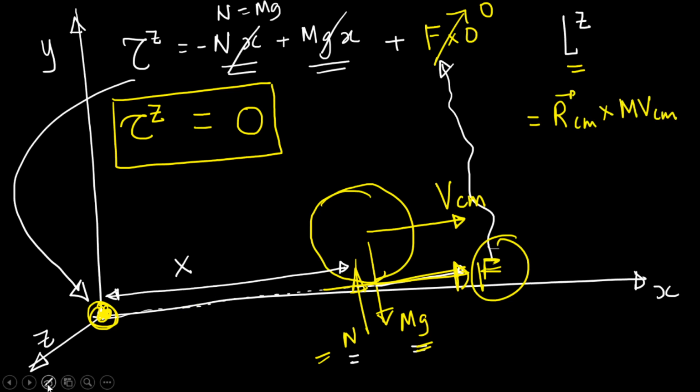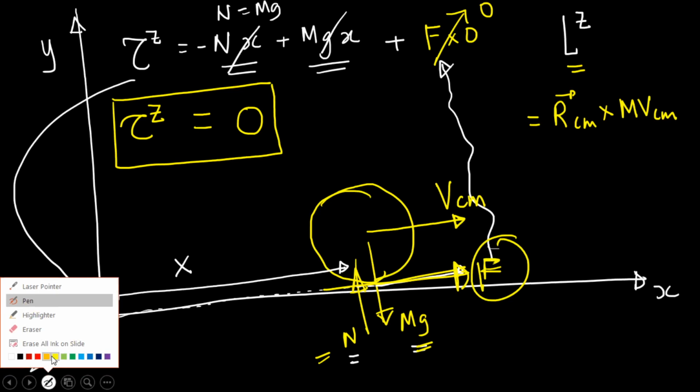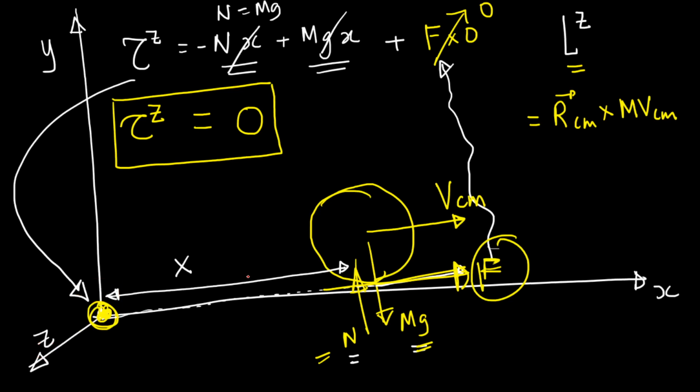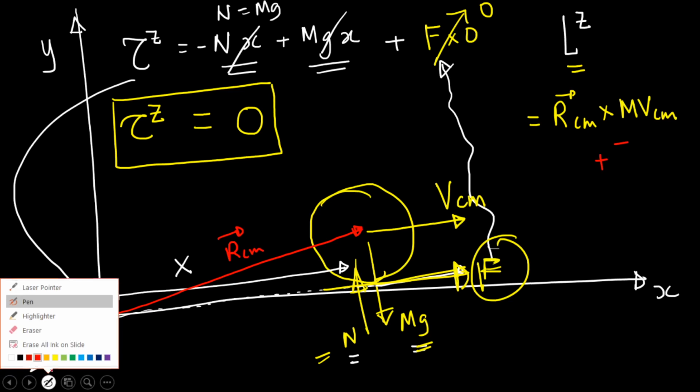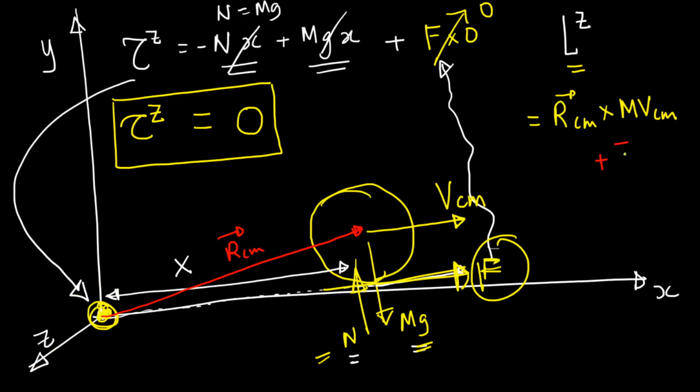Now what is rcm? We have done this before, so we should be comfortable with this. This is rcm, cross m vcm plus Icm into omega at that instant of time, at that frozen instant of time.